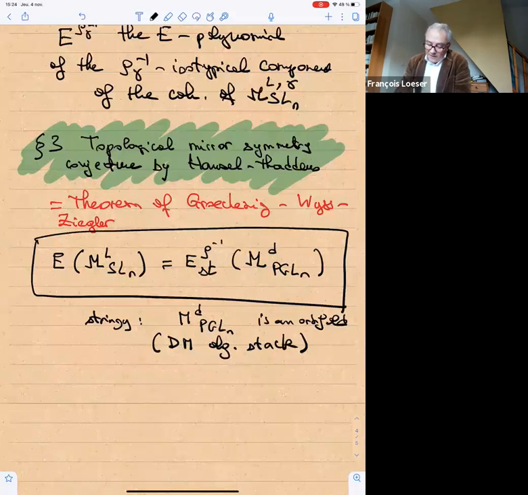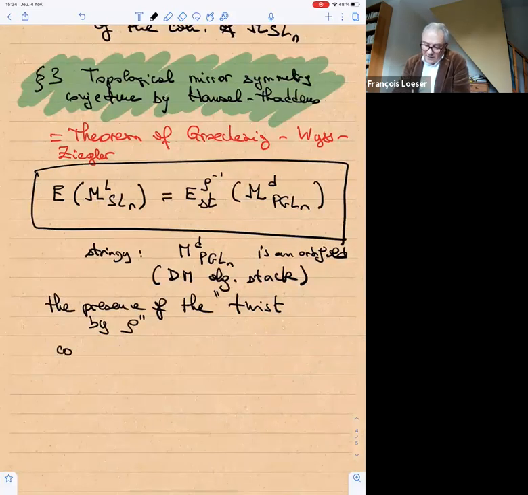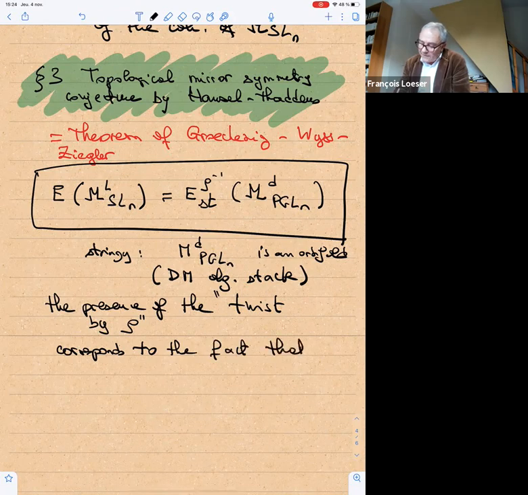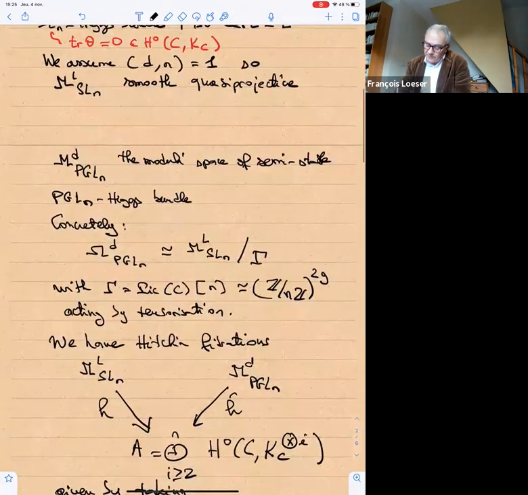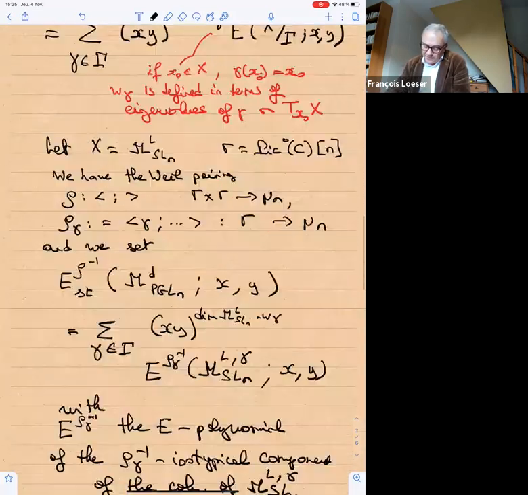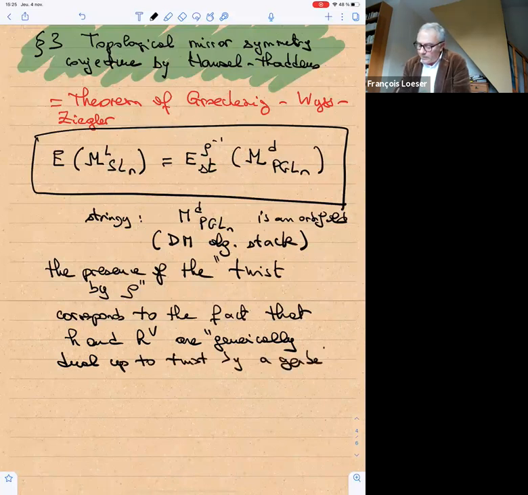And the presence of the twist by rho corresponds to the fact that the two Hitchin fibrations are generically dual up to twist by some gerbe. Let me be more precise.